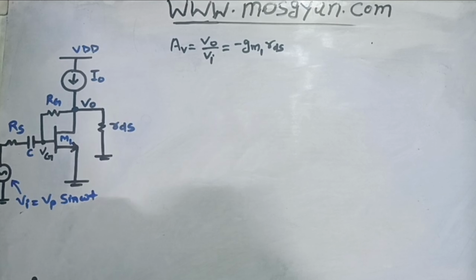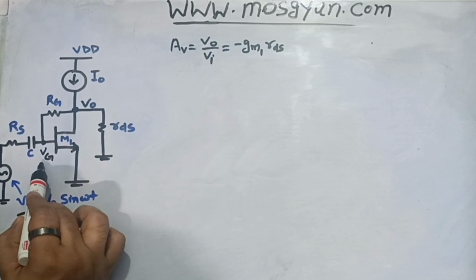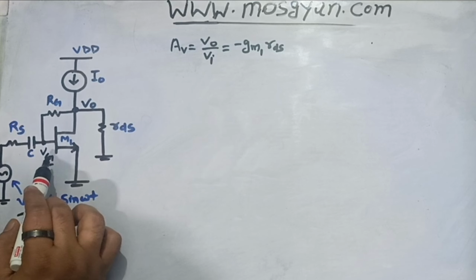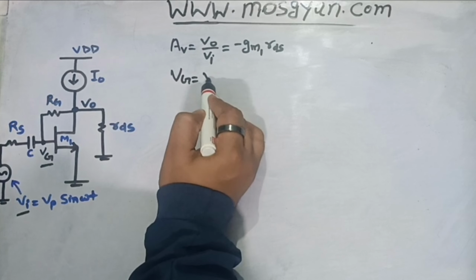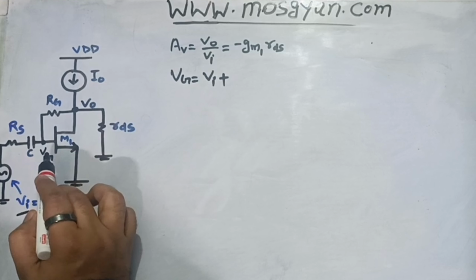Now, in order to calculate the minimum and maximum input value which this amplifier can support, let's first calculate the gate potential which this amplifier will have. So gate potential is denoted by Vg. The value of this gate potential should be equal to the applied input voltage plus the quiescent voltage at this node.